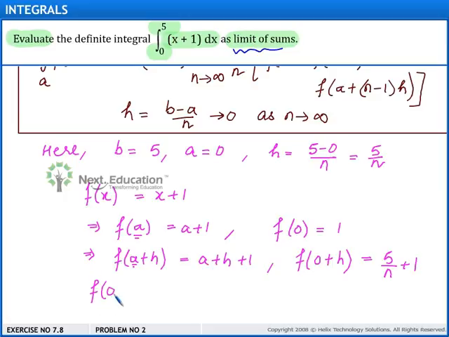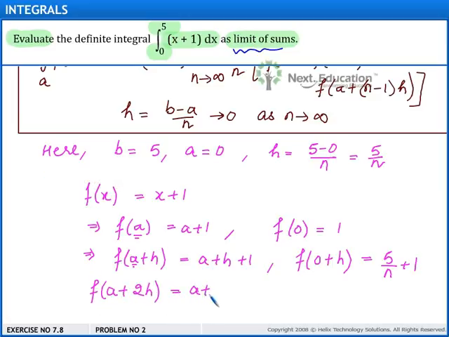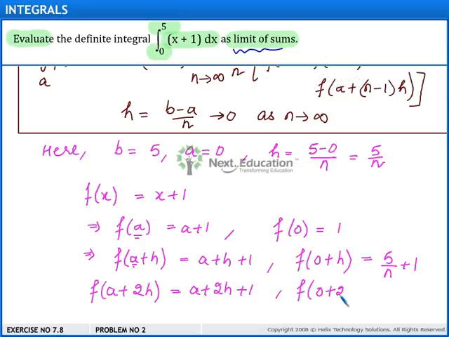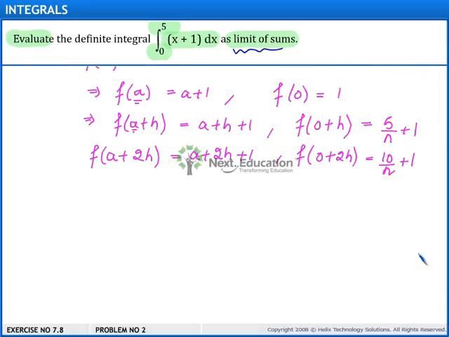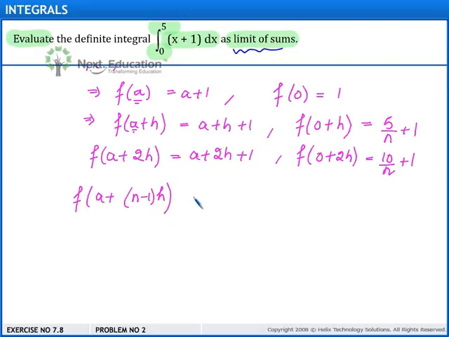Similarly, we can find f(a plus 2h). This is given by a plus 2h plus 1. So f(0 plus 2 into h) is equal to 2 into h, that is 2 into 5 upon n, which gives 10 upon n plus 1. And finally, let us find f(a plus (n minus 1) into h).